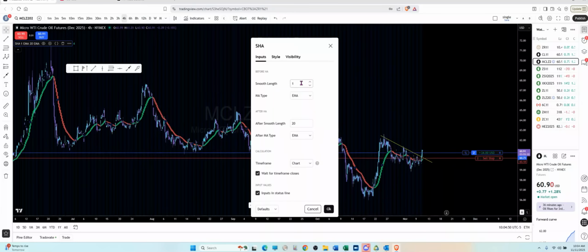I changed the smoothing length to 1 because basically what I'm trying to do is get it to almost act like a Heikin Ashi candle. A Heikin Ashi candle mirrors the current candles in terms of how they print, but they're just calculated differently. So this defaults, I think, to 10, which smooths it out a little bit too much. I want it to mirror more of the actual price action.